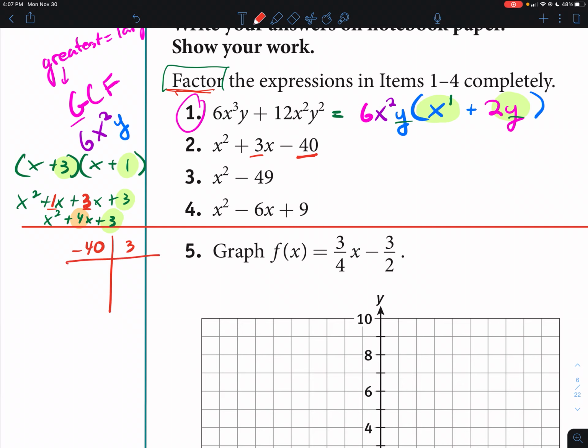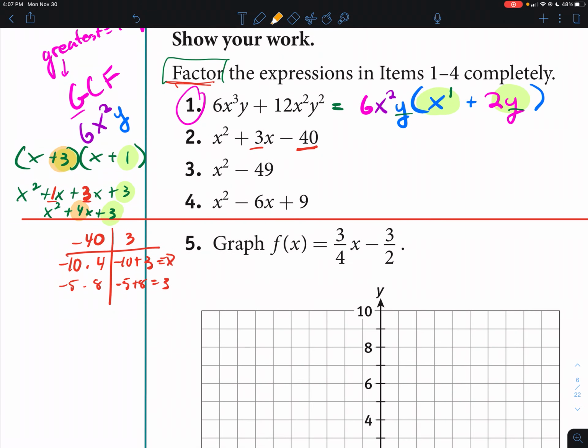That could be negative 10 times 4, but do those add up to 3? No, that'd be negative 7. How about negative 5 times 8? Negative 5 plus 8 does give us 3. So then our factors are going to have those numbers: x minus 5 times x plus 8. And you can multiply them back together to check.